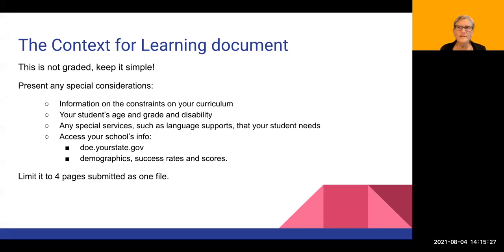The demographics, the success rate on standardized tasks. Is your school a failing school overall? Is it doing well or above board? Just very briefly, and you can usually find that information if you put your state between DOE and .gov.